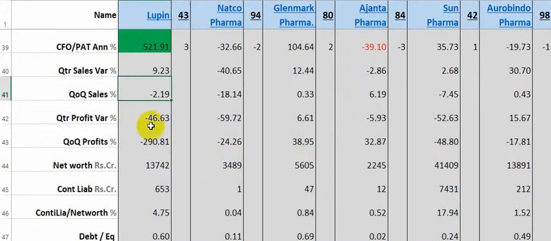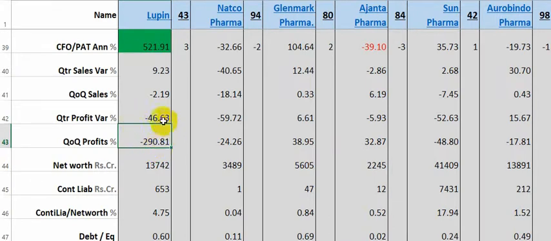Let us look at the profit growth rate, again YOY first and then quarter on quarter. Lupin's profit for both March to March as well as December to March were negative. The profits fell by 46% from 1 year ago period, and from previous quarter it fell by 290%.